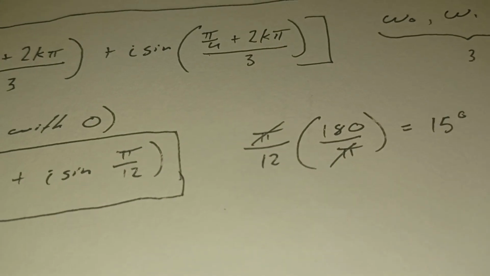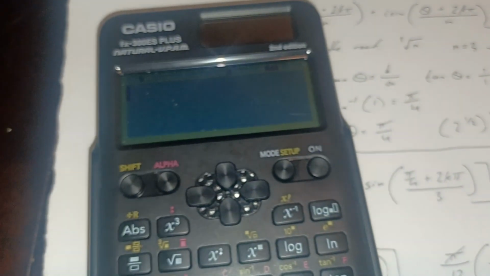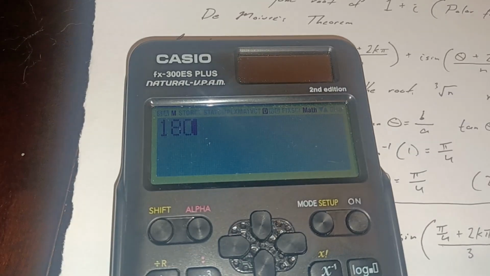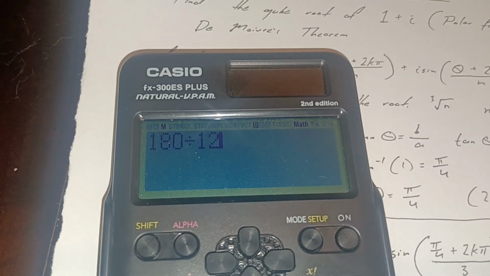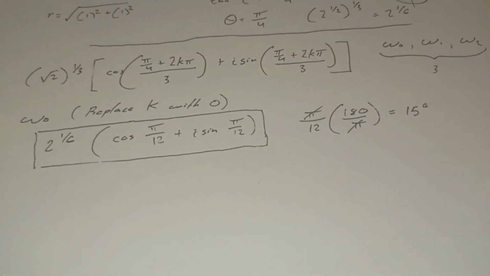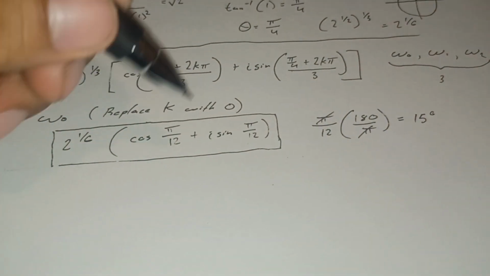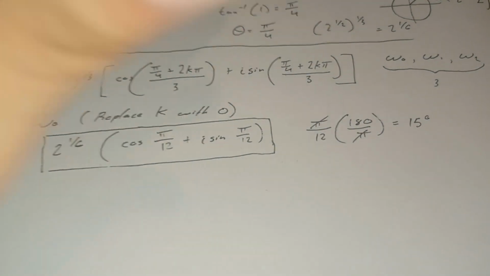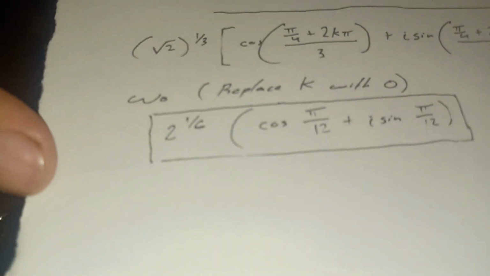Let's confirm with the calculator: 180 divided by 12, 15 degrees. So if they want this in degrees, just take out the pi over 12 and put 15 degrees in there. That's the first root.